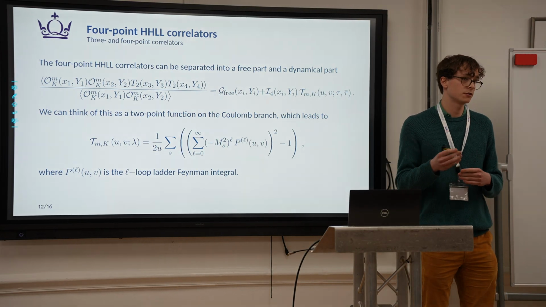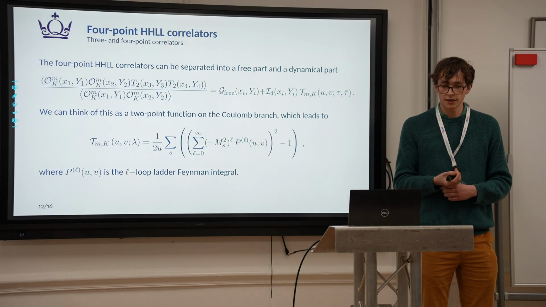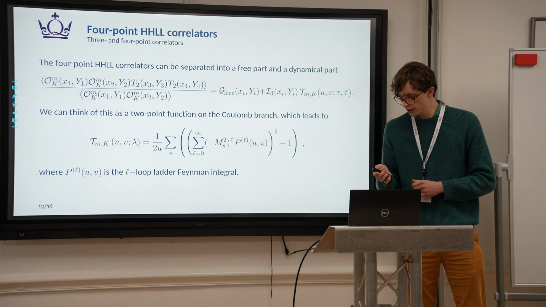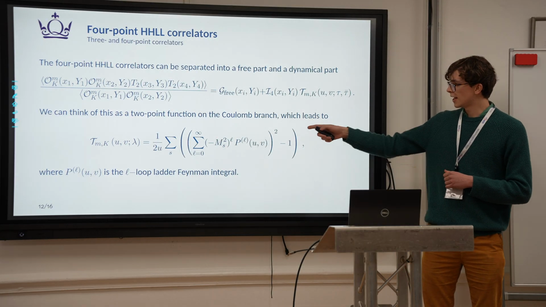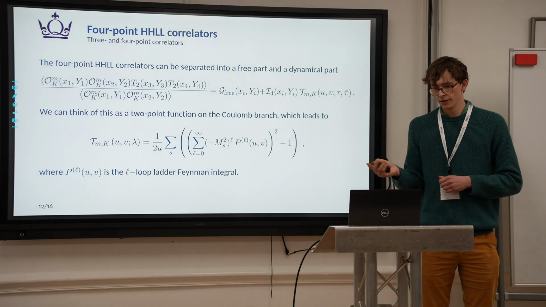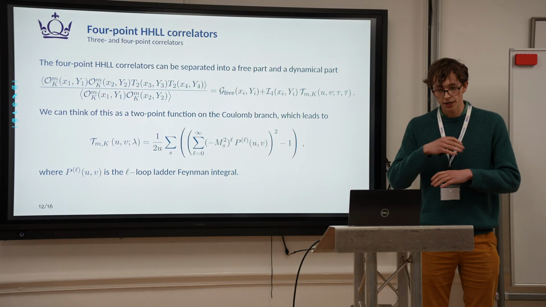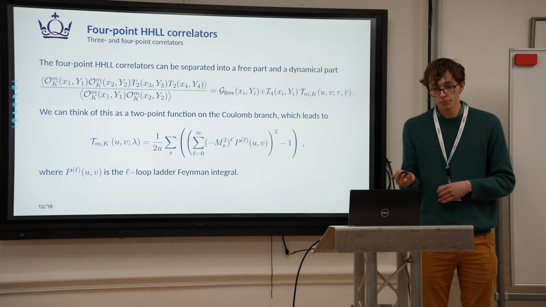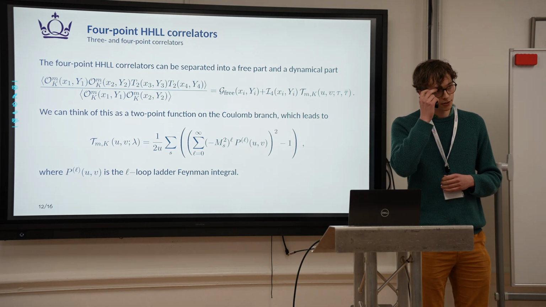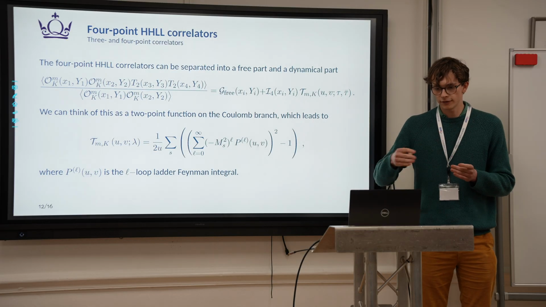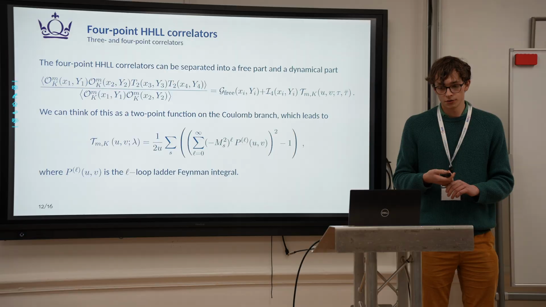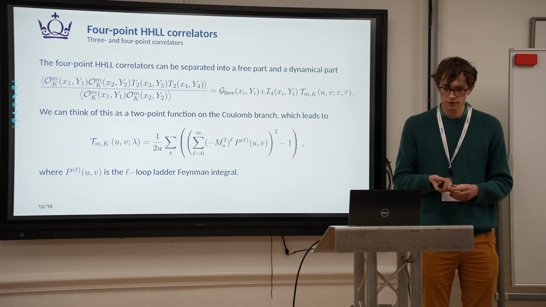That sum is known, so we can do it explicitly, and we get a result which is finite in lambda. The lambda dependence is in the m squared. So that's actually a non-perturbative result. Rather than having it perturbative in lambda, we get this non-perturbative result, which is quite nice, and they're generally quite hard to find.